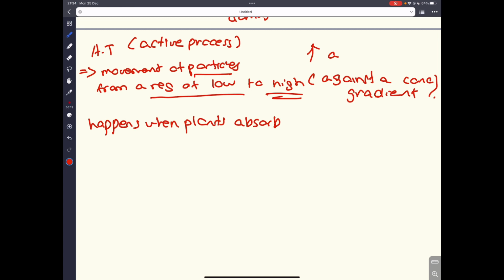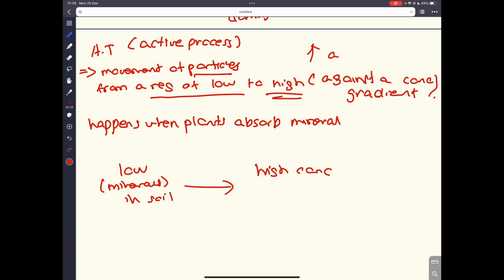They want to have as many mineral ions as possible. Now this is done by active transport. So it goes from a very low concentration, where there are low minerals in the soil, to a high concentration of minerals in plants. In other words, plants are just really, really greedy creatures, right?